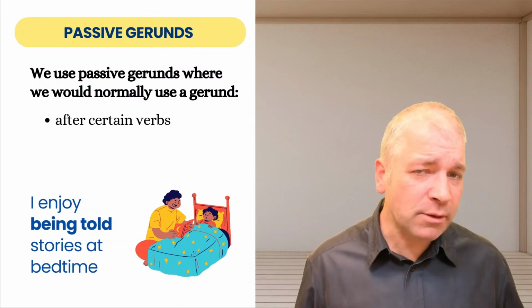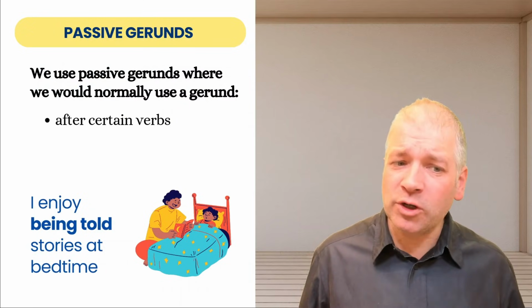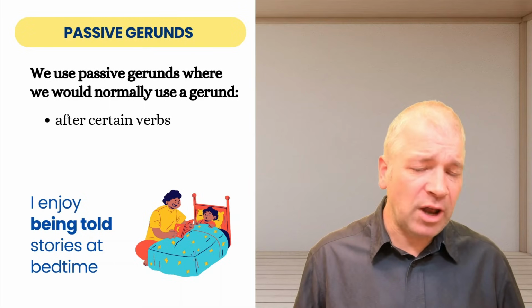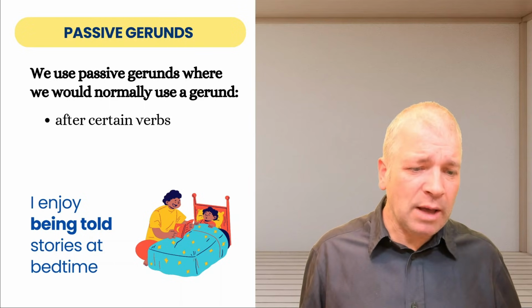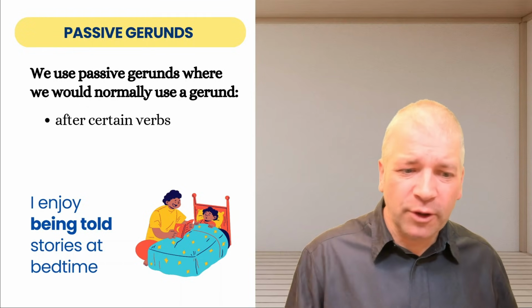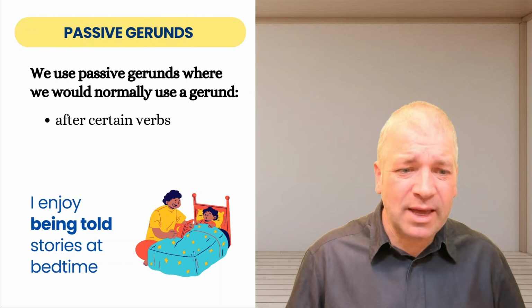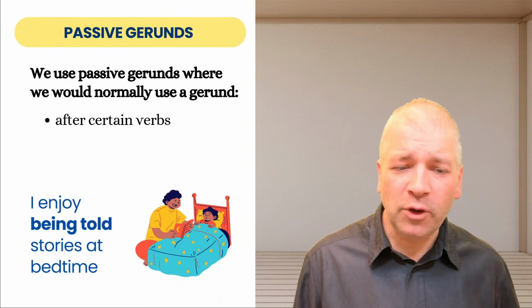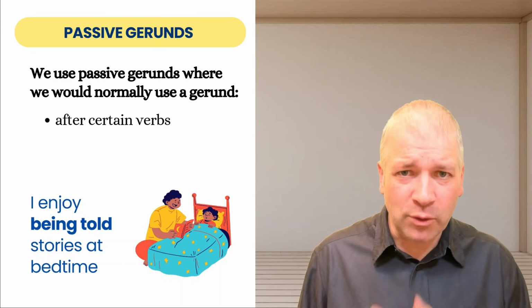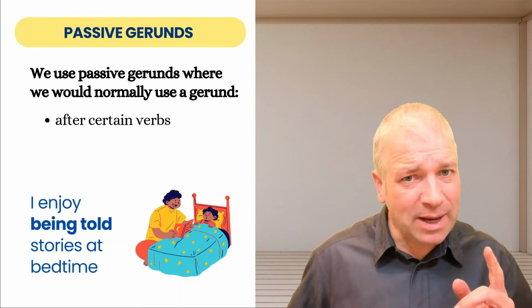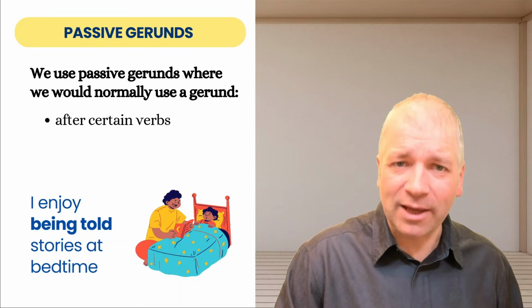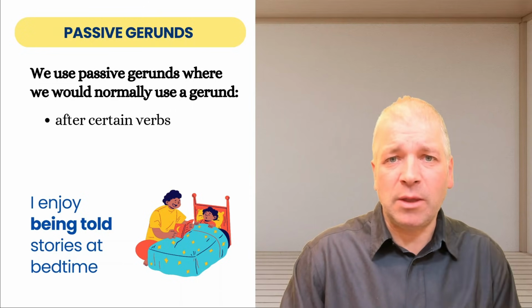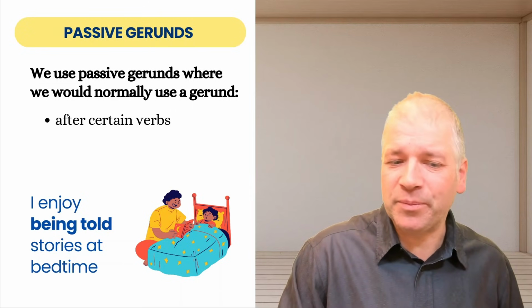We use passive gerunds where we would normally use a gerund form in standard English. So, as I mentioned before, certain verbs such as enjoy are followed by a gerund if you use another verb. So if you want to make that passive, then you use the gerund of be, being, and then the past participle of the verb.